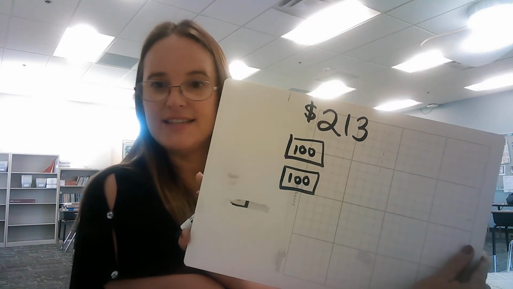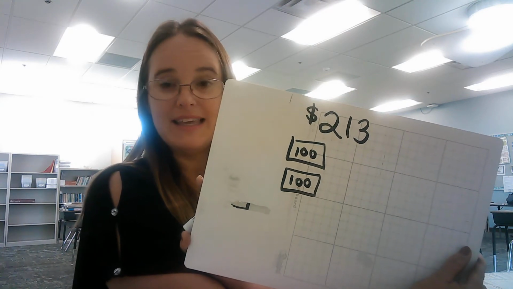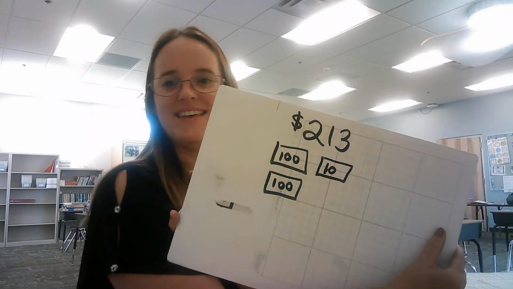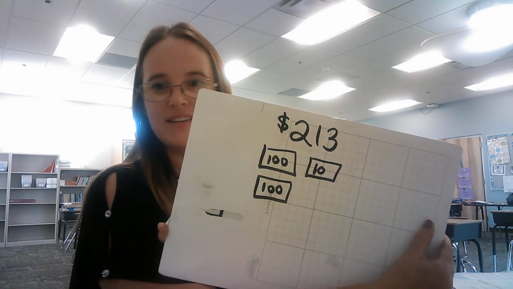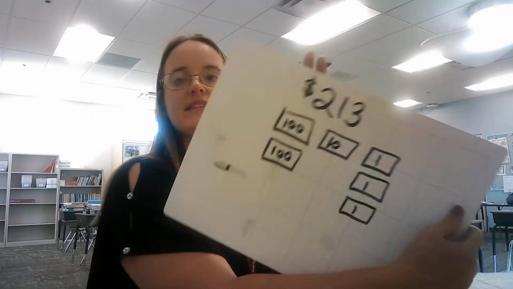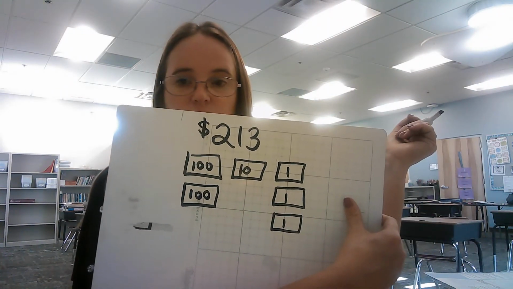How many tens do we have? You should be yelling at the screen. 1! We have 1 ten, Mrs. Duarte. And how many ones do we have? 3! 3 ones. So this is what your picture or your money manipulative should look like for 213.